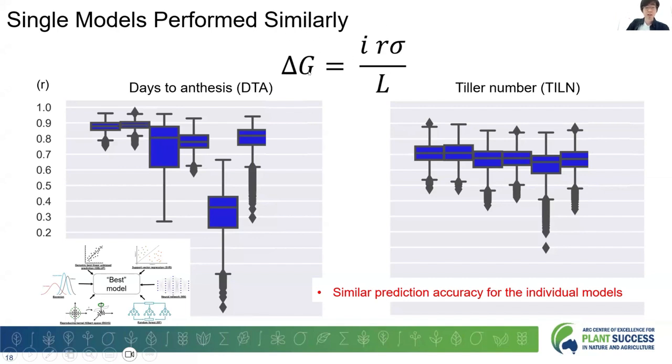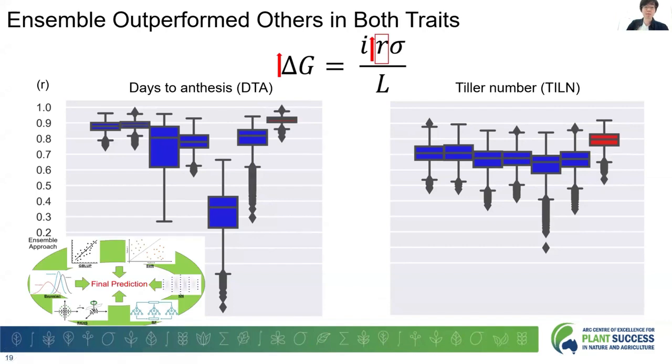And now here comes the ensemble approach, colored in red, the red boxes like this. It's obvious that the position of the ensemble approach is higher than any of the prediction models, indicating that the ensemble approach was able to outperform others in both traits here, which leads to an increase in selection accuracy and then genetic gain as a consequence.